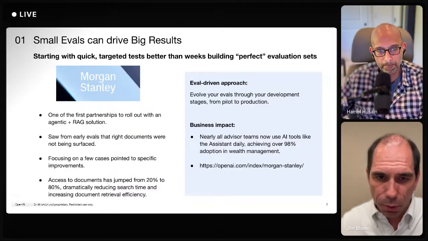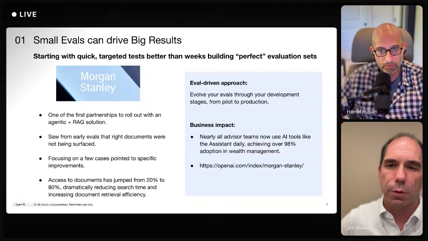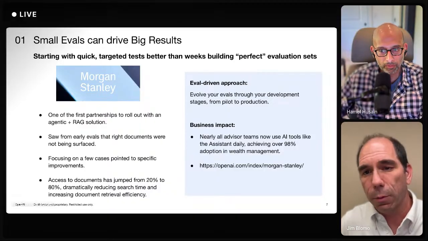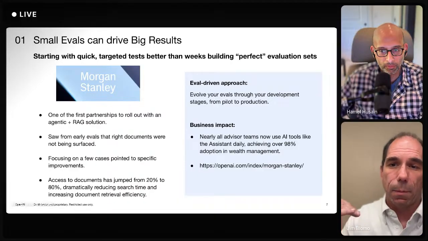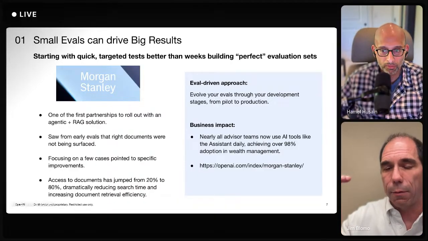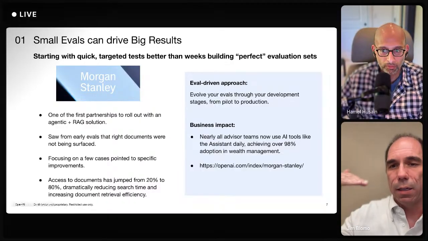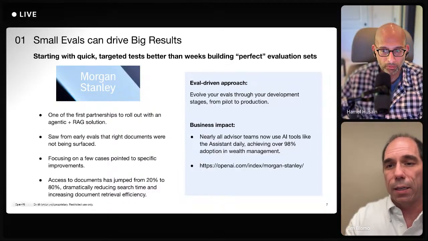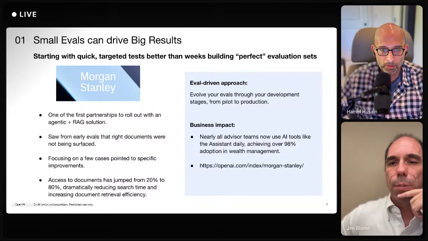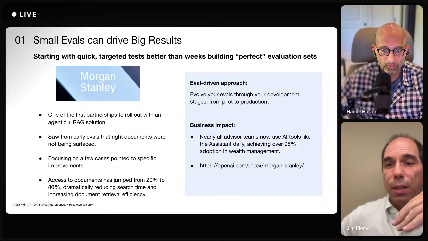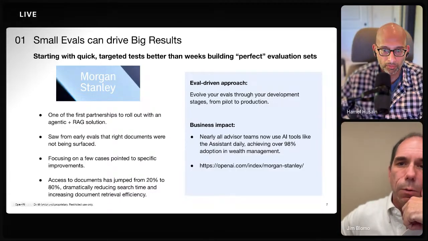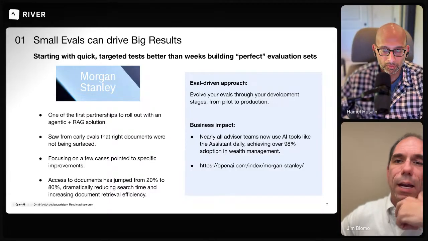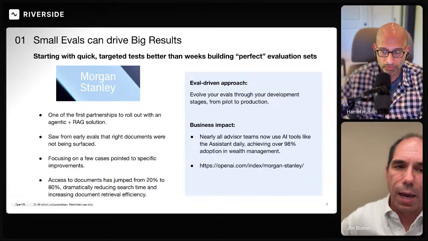So, a huge jump in improvement. Ultimately, Morgan Stanley was trying to make sure this tool met a bar that the advisor teams were finding use out of, and hitting 98% adoption was the sign of success.